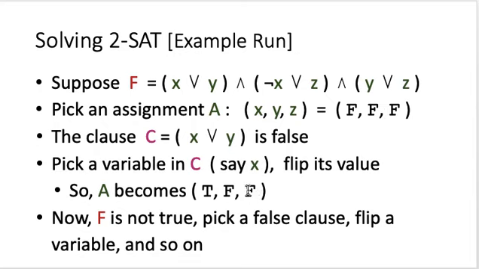Here we will see that after changing this, the formula f is still not true. So we will repeat the process, pick a false clause and flip a variable, and so on. We will either do so repeatedly for t steps, or when f suddenly is satisfied, then we will exit the loop. Okay, so this is another run.